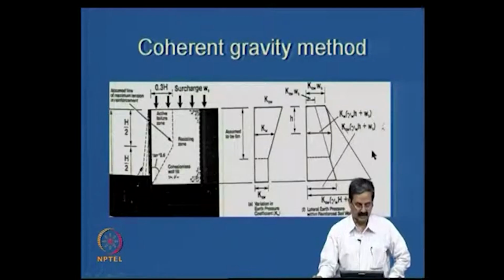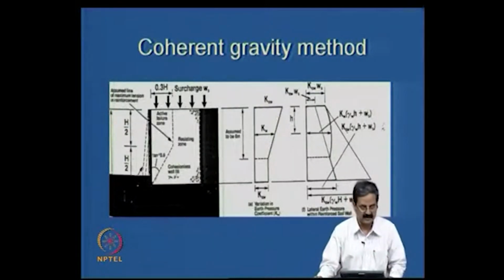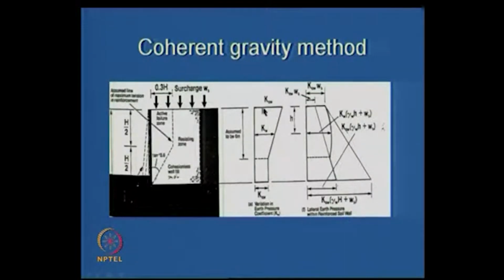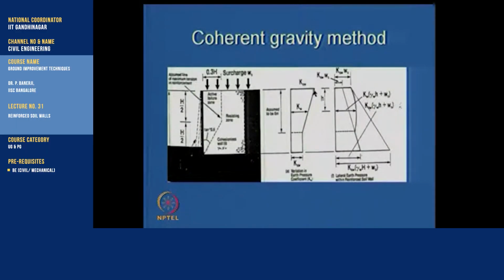You have another method, which people have developed based on observations of many RE walls. They have observed that if you really measure the earth pressure, it will not be an active condition; it will be in a K naught condition for at least about 5 to 6 meters. Based on that, they put K naught here.